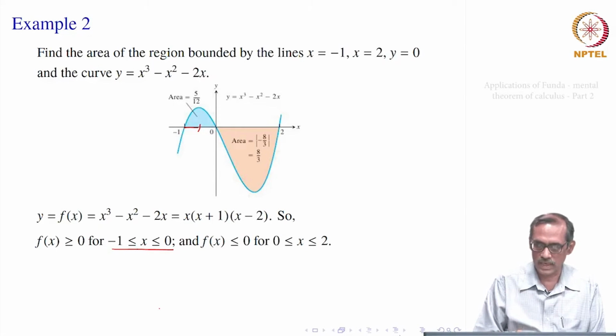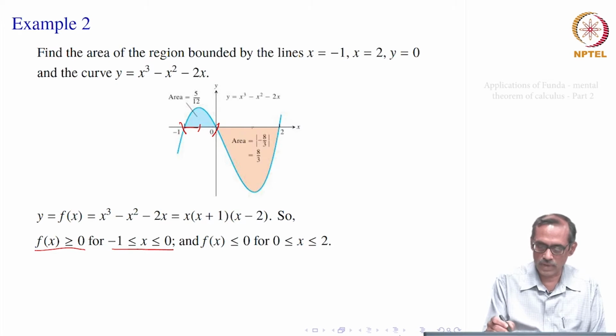So, their product will be positive, that is f x is greater than or equal to 0. At some point it can be 0, namely at 0 and also at minus 1. So, f x is greater than or equal to 0 for minus 1 less than or equal to x less than 0. That is what the graph also says.